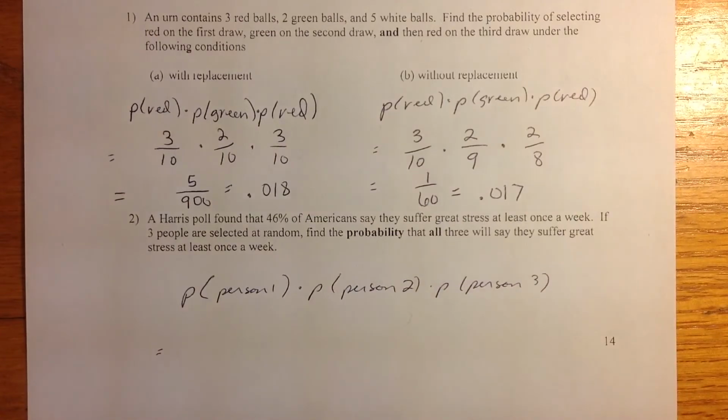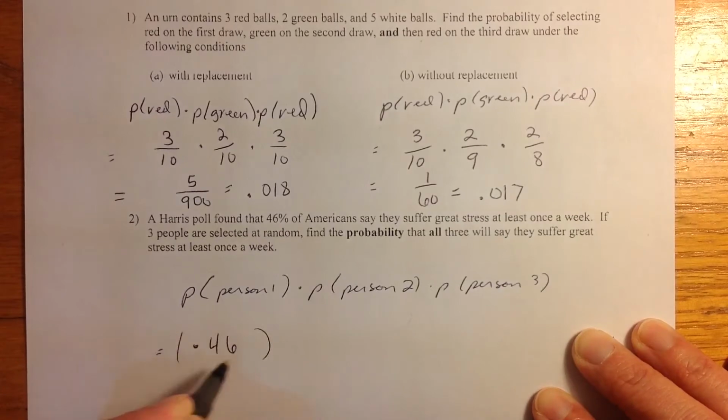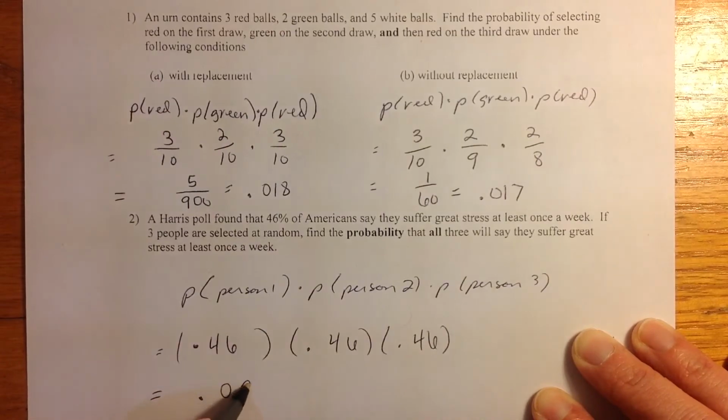Well, we want to calculate the probability that each of these people will suffer great stress. They tell us the likelihood that any American suffers great stress at least once a week is 46%. So this is 0.46 times 0.46 times 0.46. And you get 0.097.